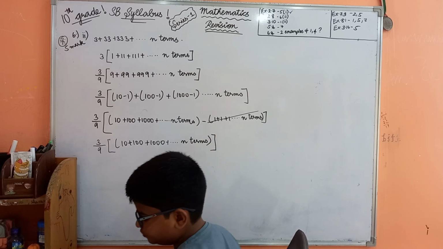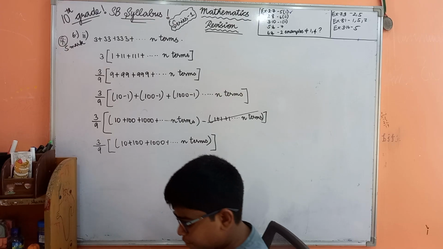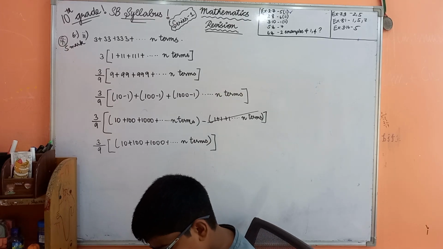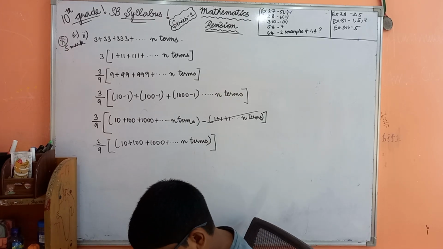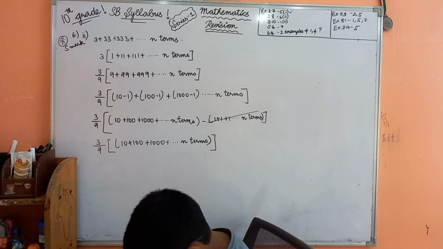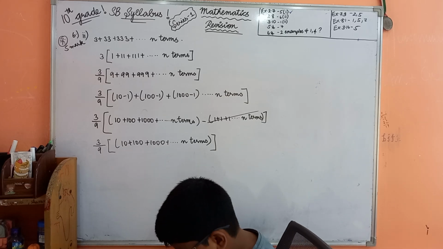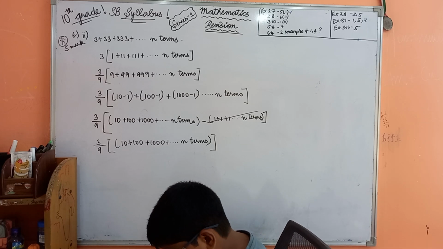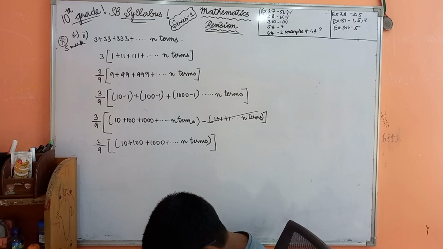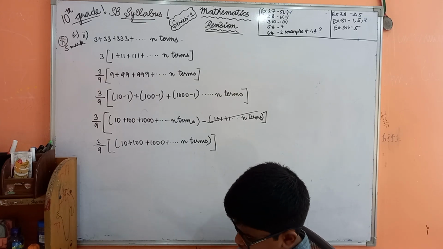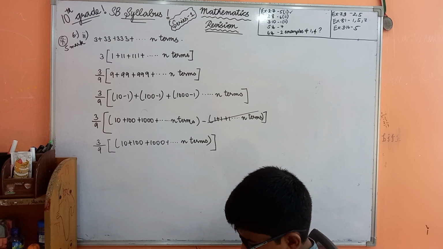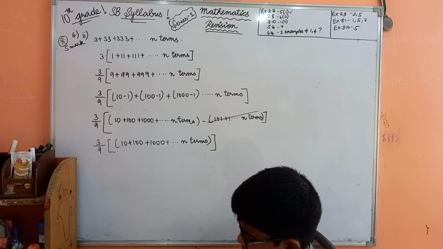Okay, that's a new type of formula we should learn. So there's a formula, guys, for geometric progression. Sum to n terms of a geometric progression, page number 73, 2.10.